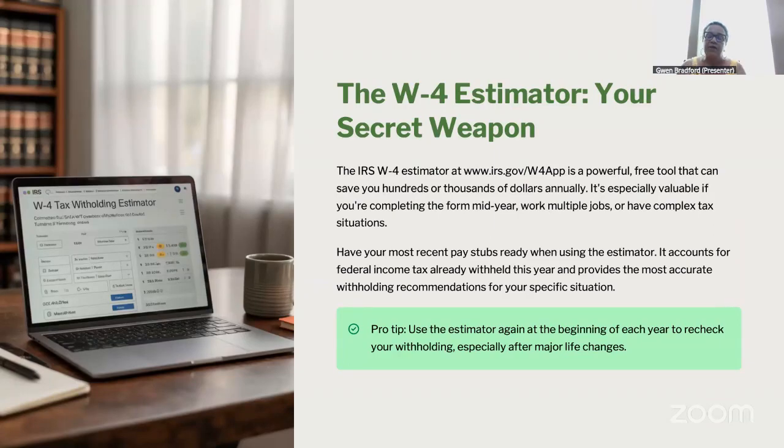Now, when you want to use this tool, you would have to have your latest paycheck statement to determine what your annual income is. Also, you can have a copy of your prior year's tax return, because when you use this estimator, it's going to ask you different personal questions that only you would be able to answer.